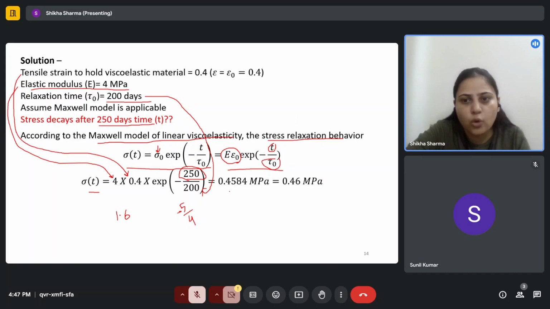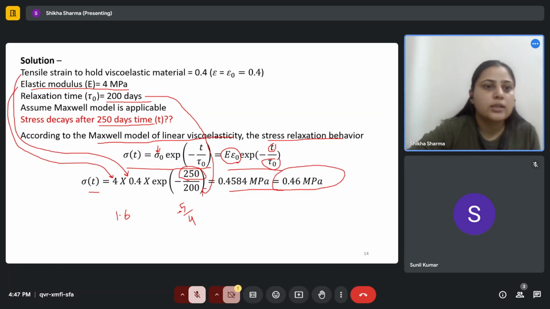When we solve, we get 0.46 megapascal as our stress after 250 days. So our stress which has decayed after 250 days will be 0.46 megapascal. Did you understand the question?